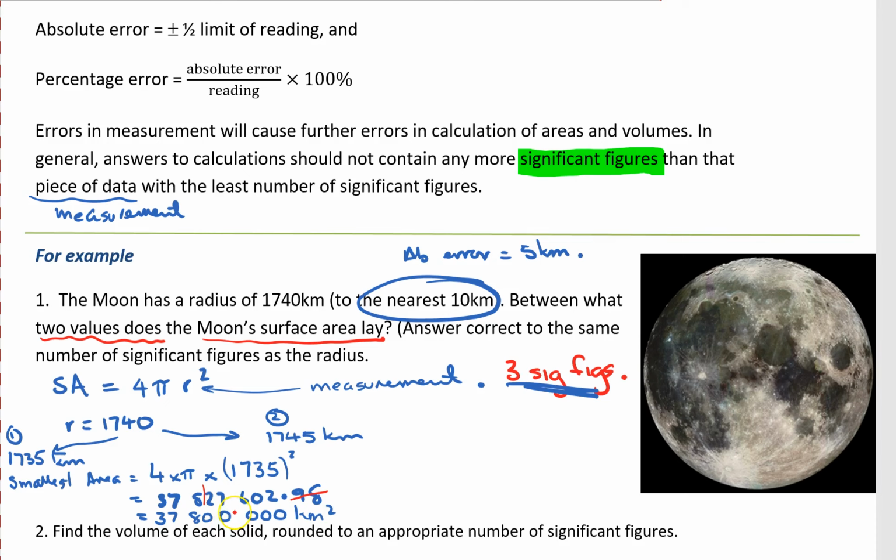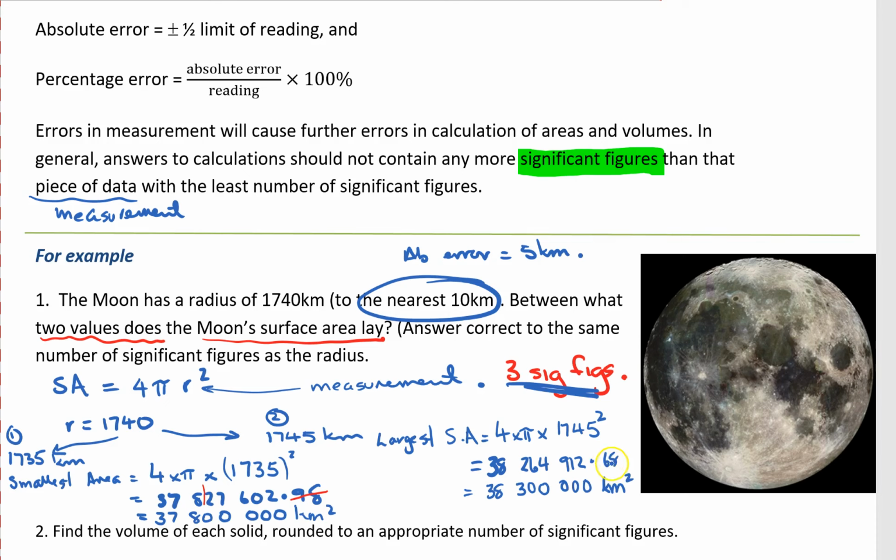I'm going to pause the video and calculate now the largest possible surface area for the moon using the greatest value for the radius that it could possibly be. So I use the same formula for 4 pi r squared, but this time the radius is the 1745. When I did that calculation, I got 38,264,912.68 square kilometres.